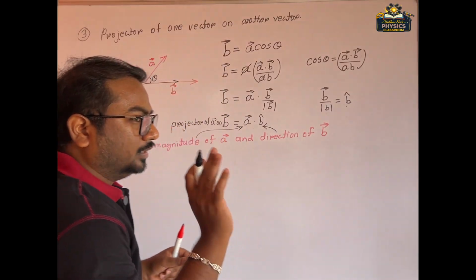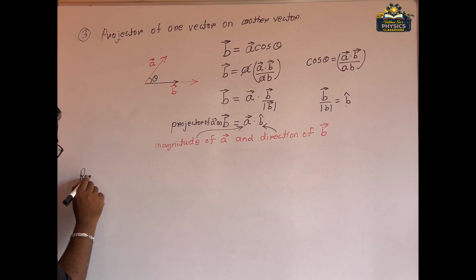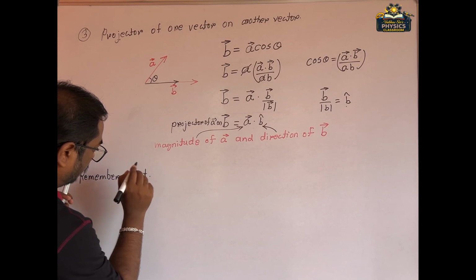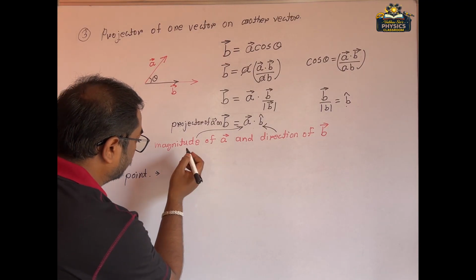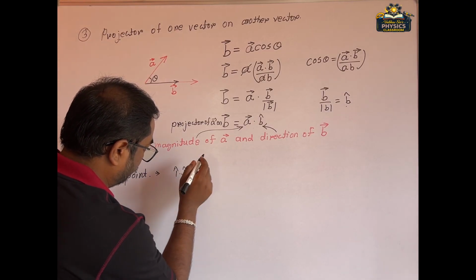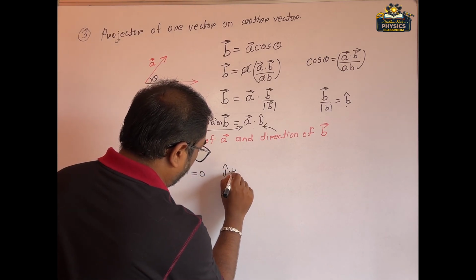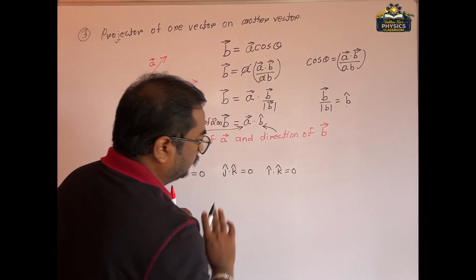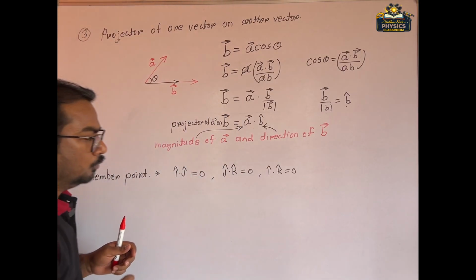All right, then again we have to remember some points also. I just noted in the last slide: i dot j is 0, then j dot k is 0, then i dot k also is 0. We can give some points.